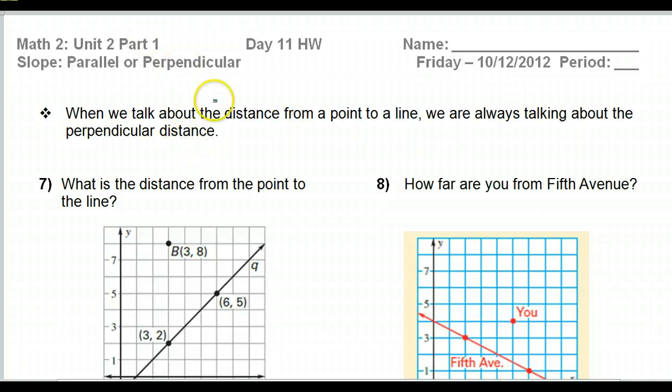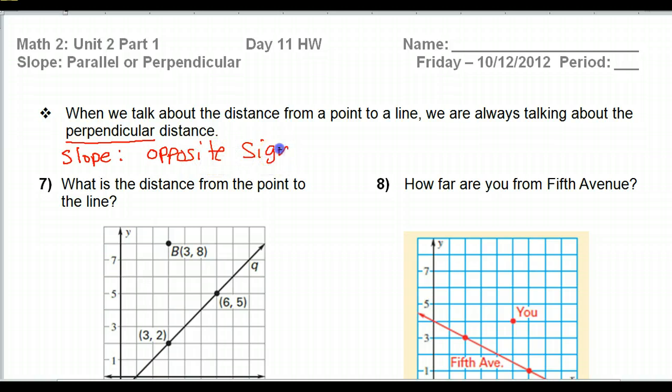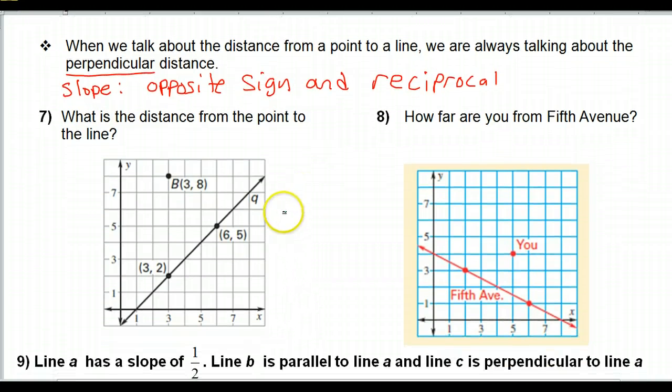Now, remember what we just talked about with lines that were perpendicular. So when you see perpendicular, you should be thinking that the slopes are going to be opposite in sign and reciprocal. Alright, please keep that in mind.